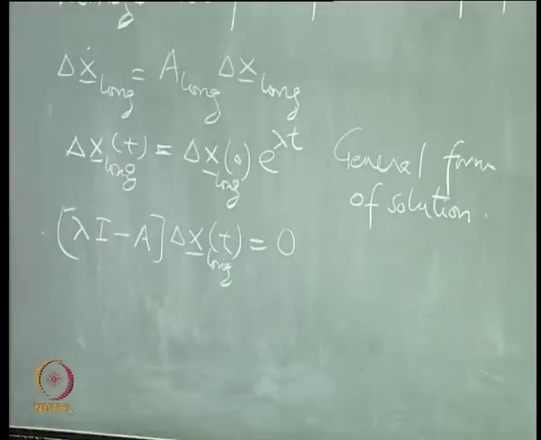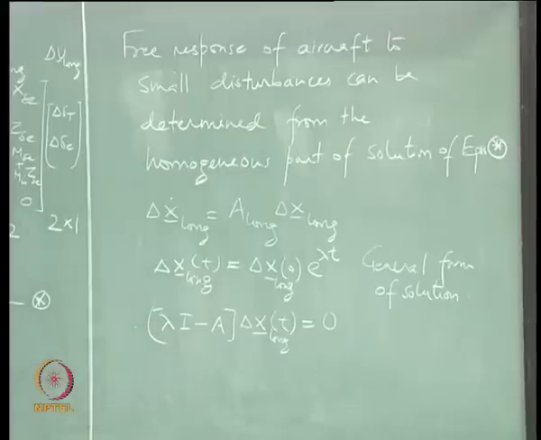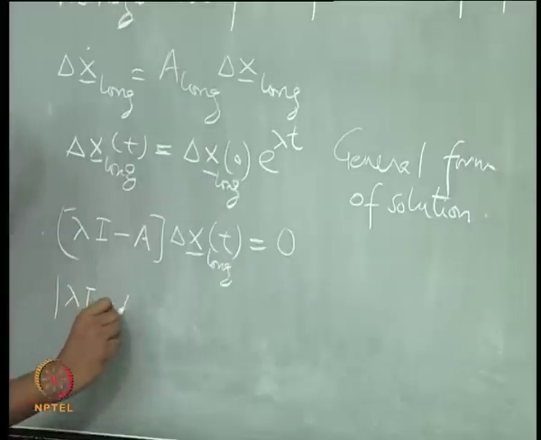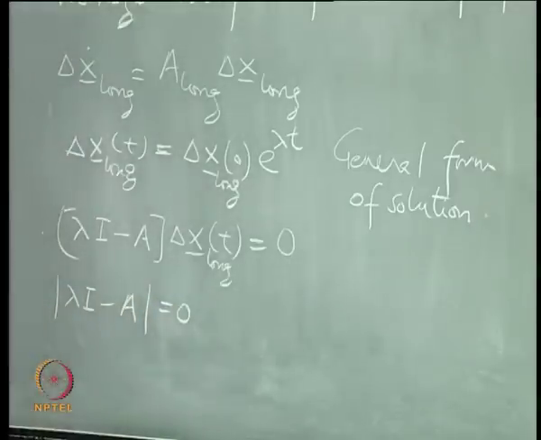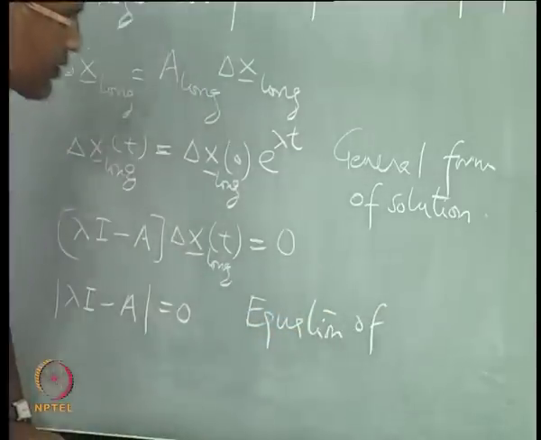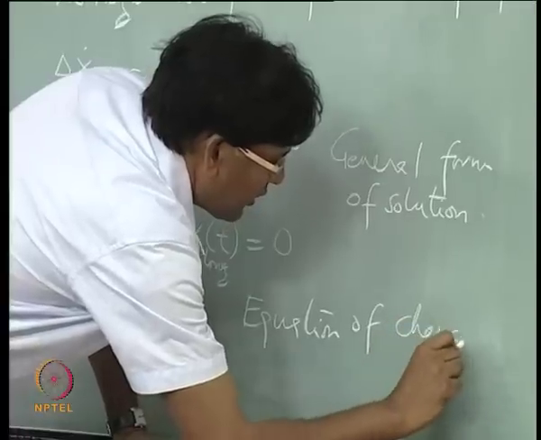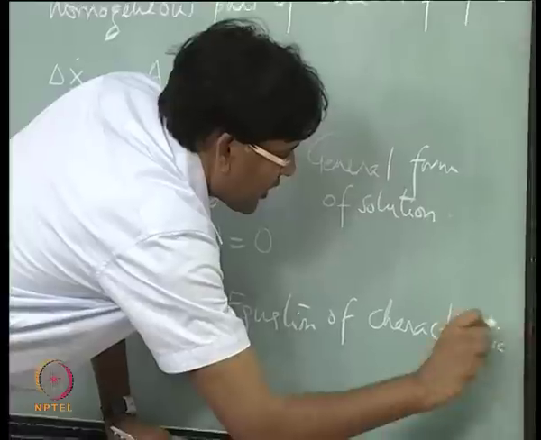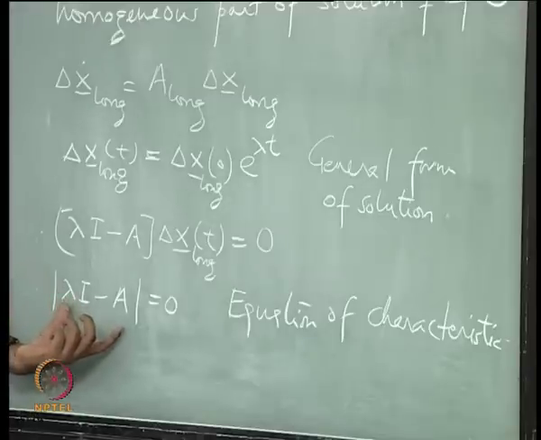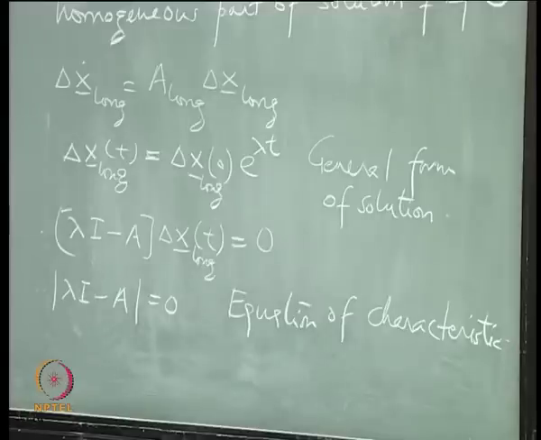So that is where we start looking at the solution of an equation which is called the characteristic equation, okay. The determinant of this matrix has to be 0.